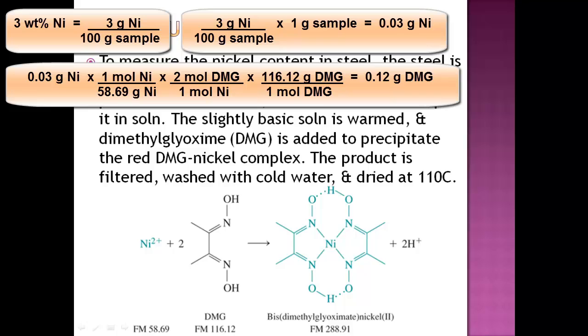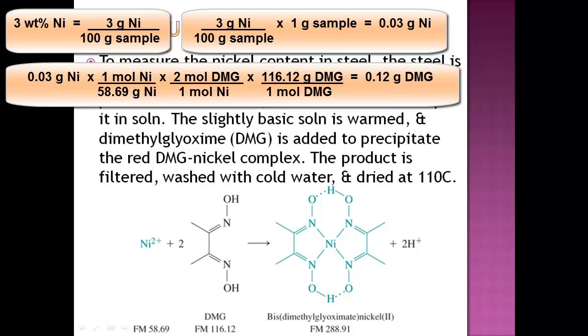So now they give you extra information. You have the 1 weight percent of this DMG, and they want you to figure out how much you need if you wanted to get 50% excess of DMG. That's a trick. You probably have never seen this before. You've got the grams of DMG that you would need, but that's for a 1-to-1 ratio. They want a 50% excess.